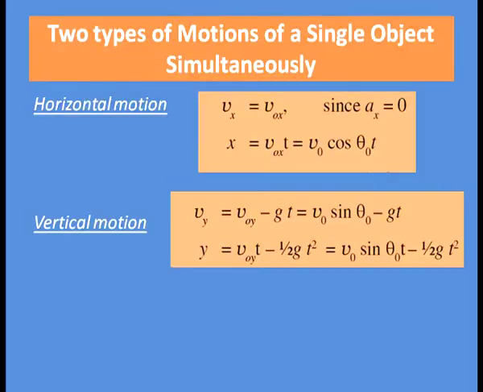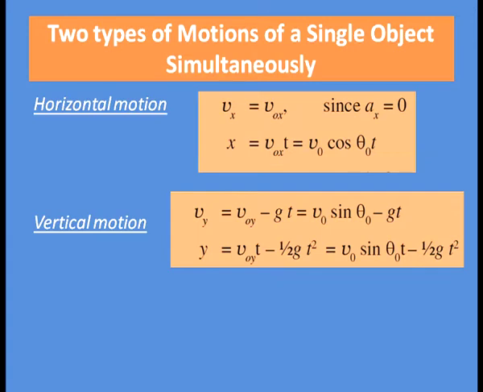In case of projectile motion, it contains two motions, that is one vertical component and one horizontal component of a single object, and both the motions take place simultaneously. The horizontal motion: Vx equal to Vox, that is the horizontal component of velocity is constant because the component of acceleration along the x-axis is 0, hence the velocity is constant.